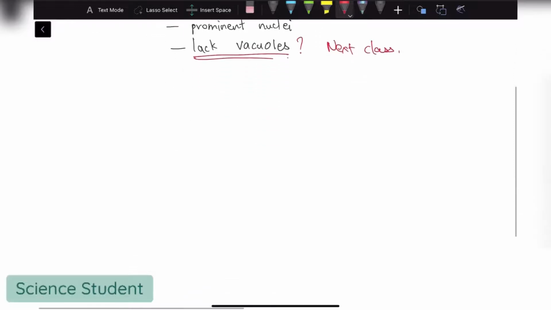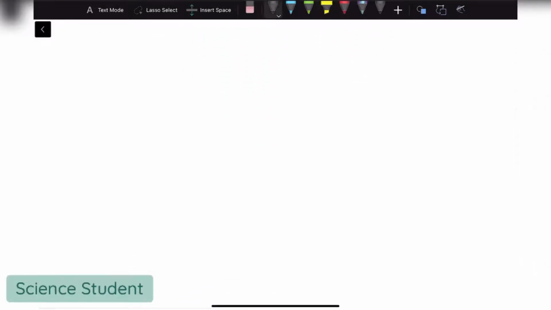Okay, now we are going to learn about the three types of meristematic tissues. That is, first is apical meristem, second is lateral meristem, and the third one is intercalary meristem.